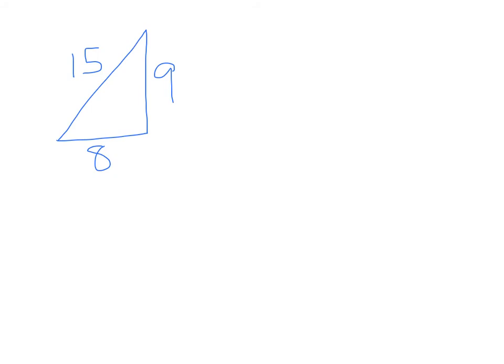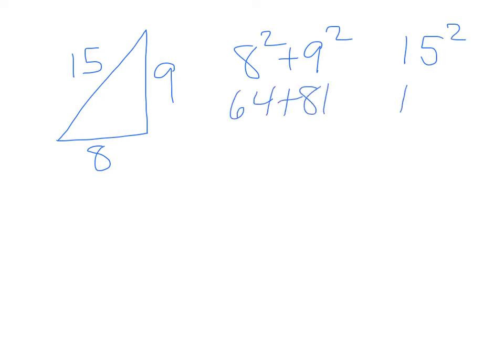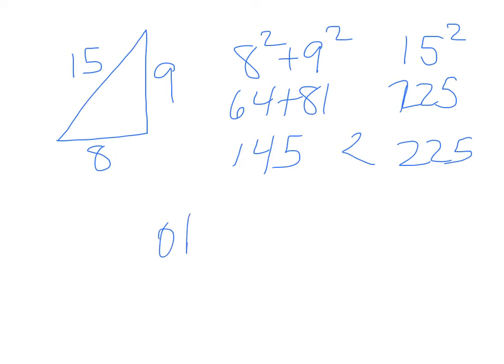So we're going to do 8 squared plus 9 squared. How does that relate to 15 squared? Well, 64 plus 81, and 15 squared is 225. You don't even have to do the arithmetic if you don't want to. This is 145 and 225. This is bigger. We have another obtuse triangle.